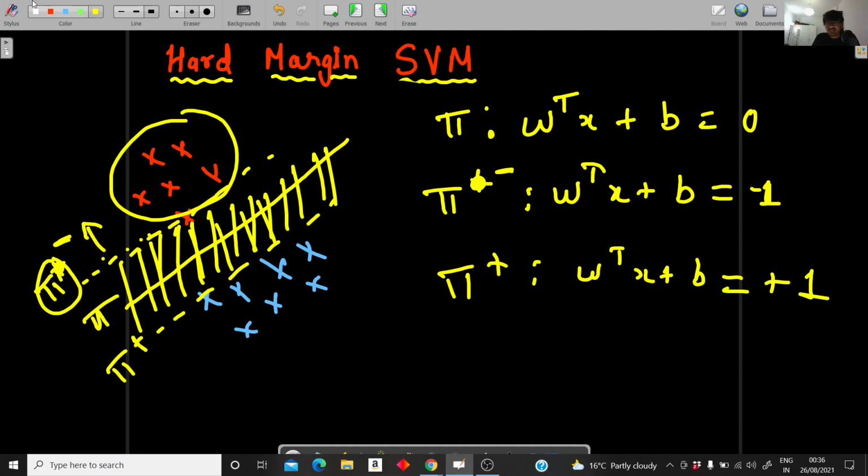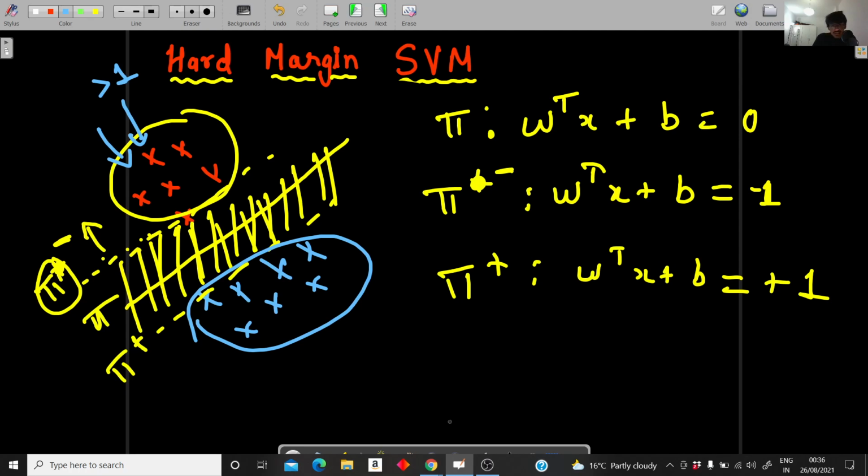In order to not have any margin violation, all these positive instances and all these negative instances should be beyond 1.